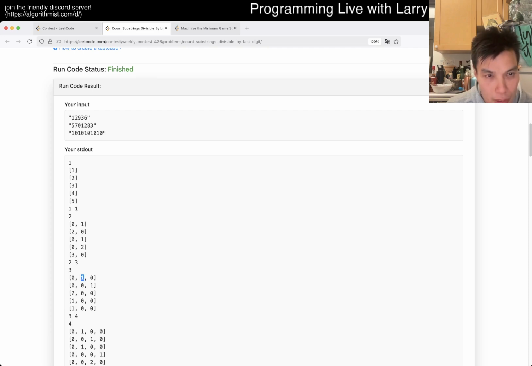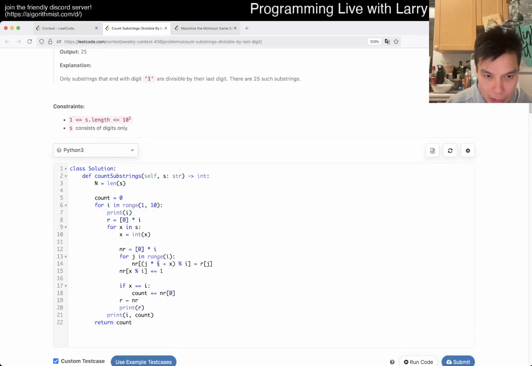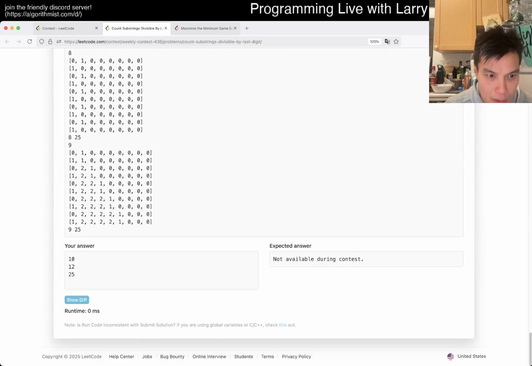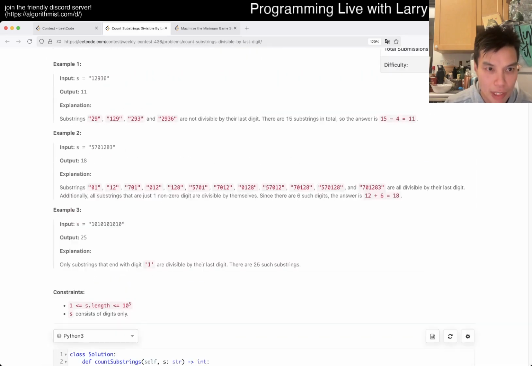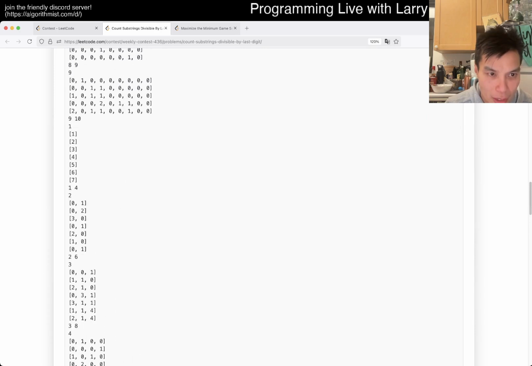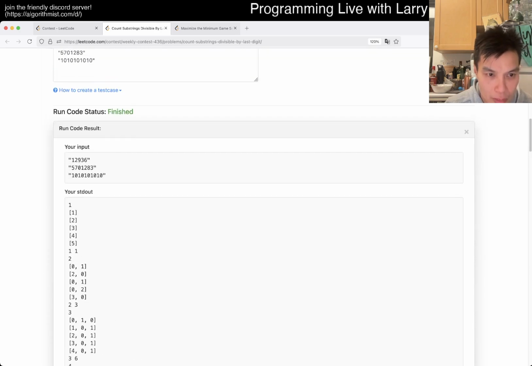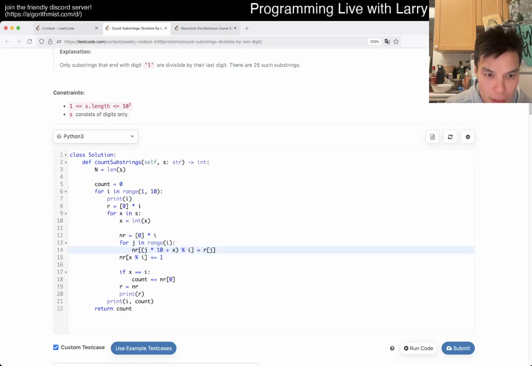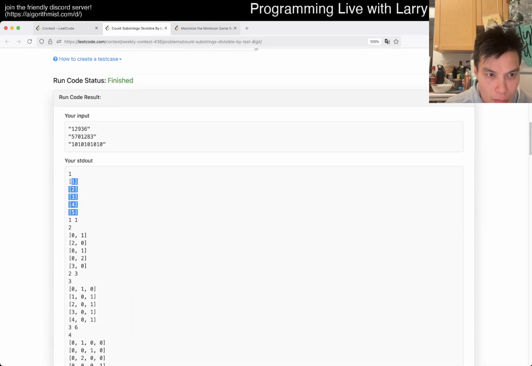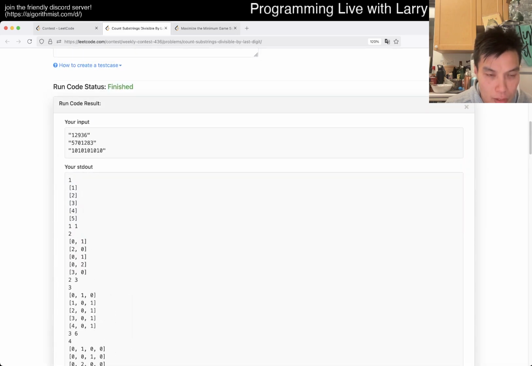Oh no, it's not times I, it's times 10. 10, 12, 25. Am I right? Nope, but closer. Okay, this is just wrong because, no, this is right. Whoops. 2 is going to be 3, so that's right.